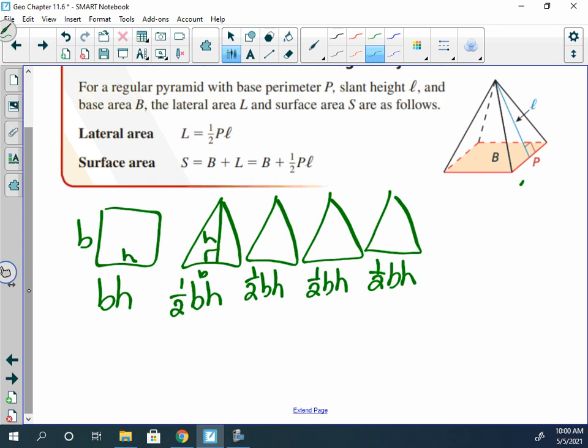Now, will the lateral faces for a pyramid always be triangles? Because for a pyramid, the base, whatever it is, is always reaching up to a point, yes? So a cone, yes, and the base for a cone would be a circle.